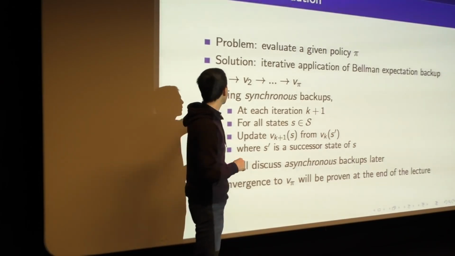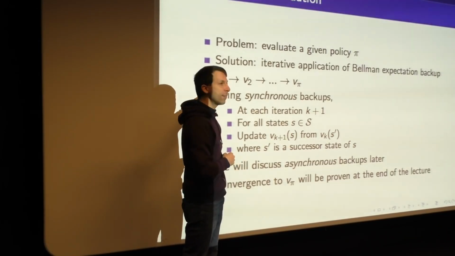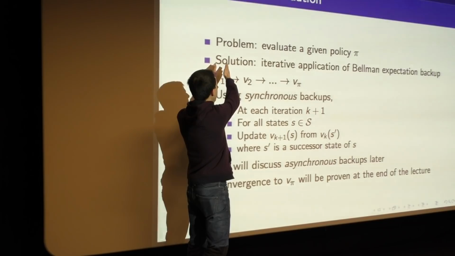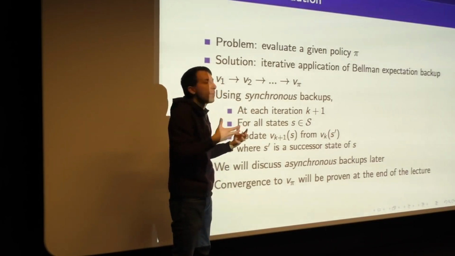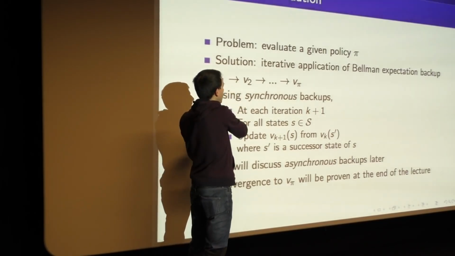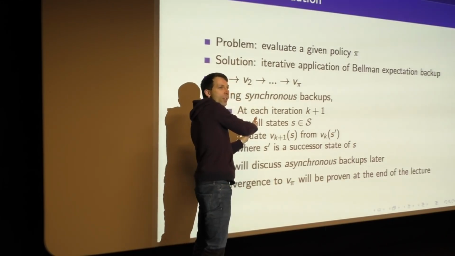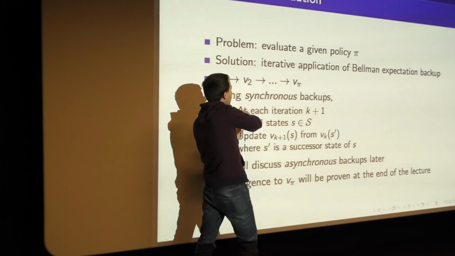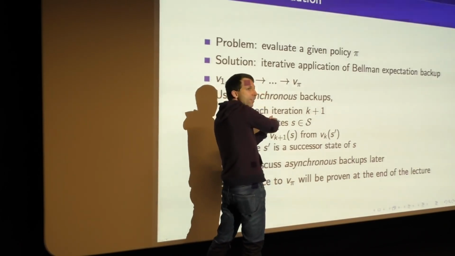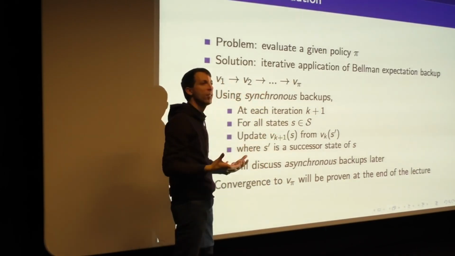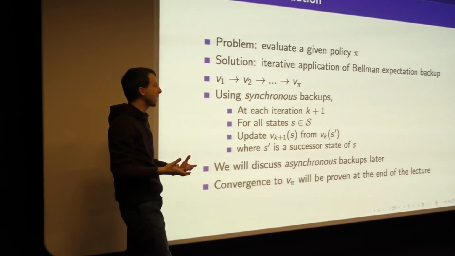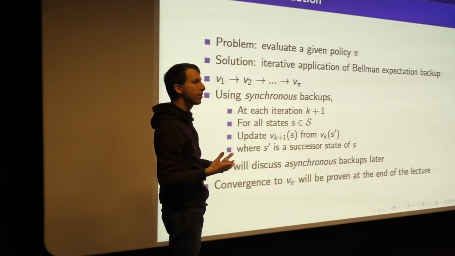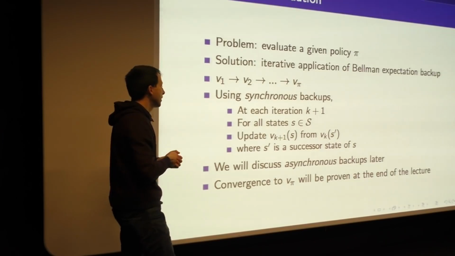We start off with our previous value function, and we apply our iterative update to every single state in this value function to produce a complete new value function for all states. That's called synchronous evaluation. We consider all states at every step. We'll consider asynchronous backups later, which can be more effective, but this is the simplest case.